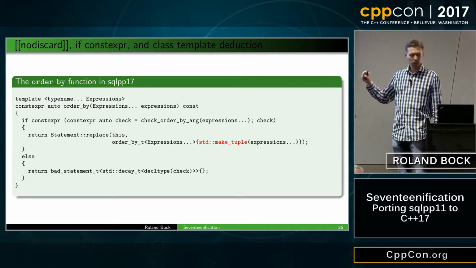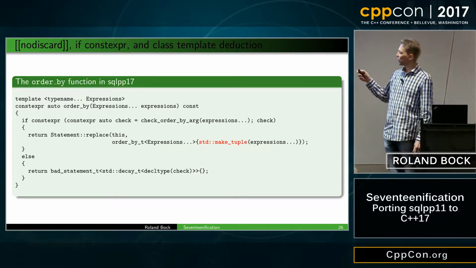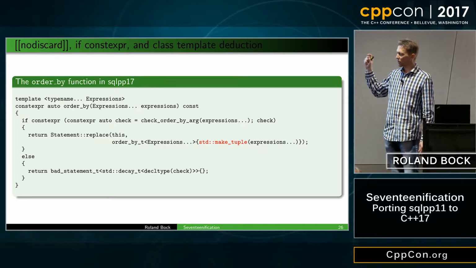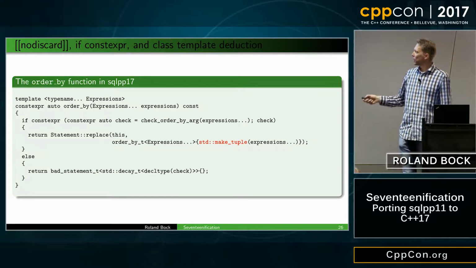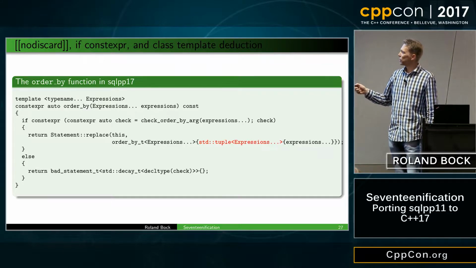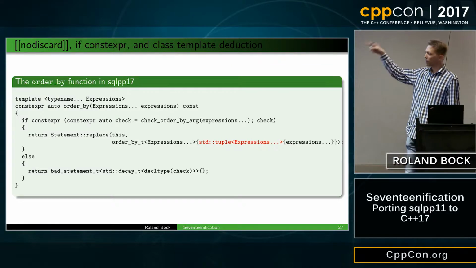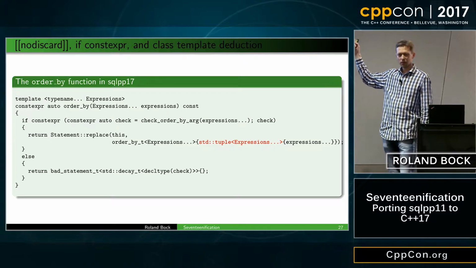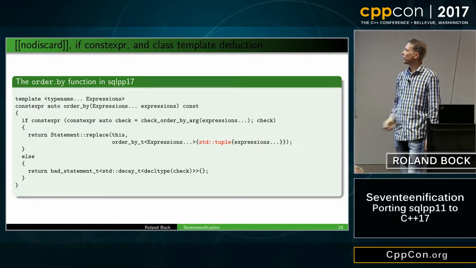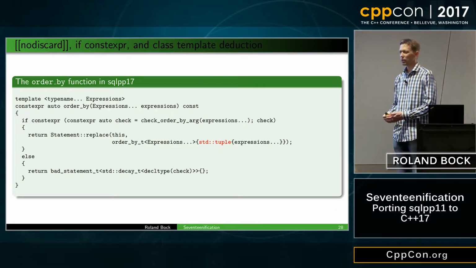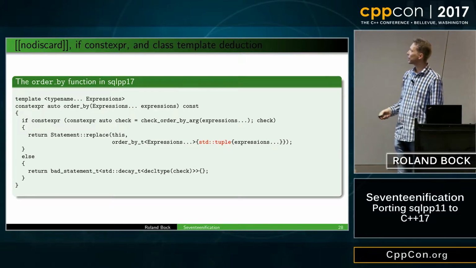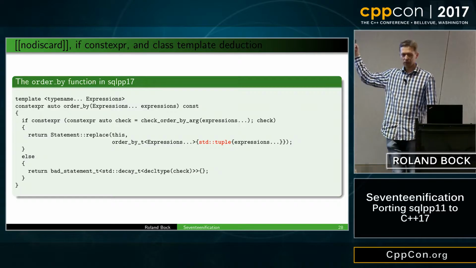For instance, make tuple also, I think, resolves std reference wrapper. But what you can also do, instead of writing this, what you would have done in C++14, is now use the constructor guides for class template deduction, and just write this.